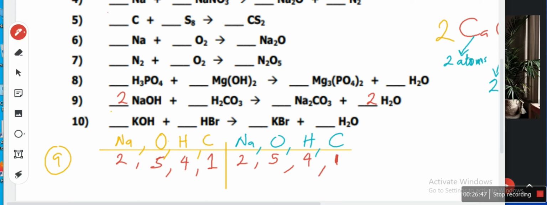And then we check. 2 for sodium in the reactant side, 2 for sodium in the product side. 5 for oxygen in the reactant side, 5 for oxygen in the product side. That's the way it is for hydrogen, 4 here in the reactant side, 4 here in the product side. And then also carbon, 1 in the reactant side, 1 in the product side, so it is balanced.